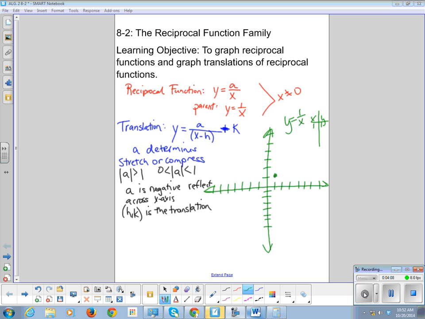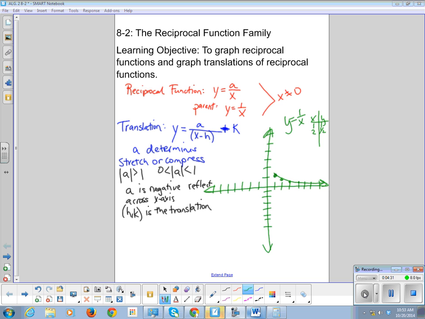When I plug in 2 for my x value, it's 1 over 2, so that's 1/2. When I plug in 3, it's 1/3. When I plug in 4, it's 1/4. So it rolls all the way down and gets very close to my x-axis.